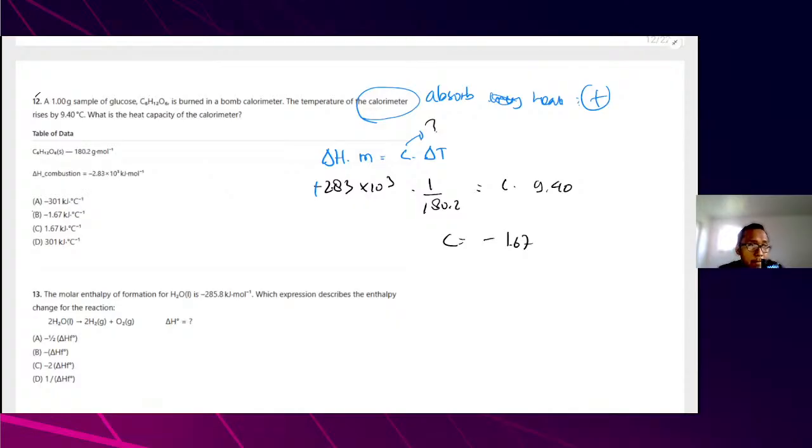Okay, so we do 15.71 divided by 9.40. 15.71. So it uses positive, not negative. So just the moles first, right? And then we get 0.0055, and then heat release.